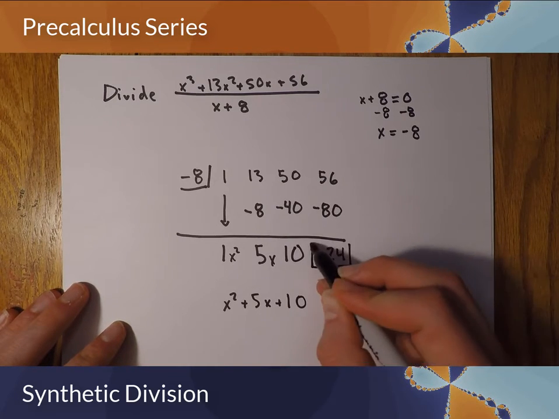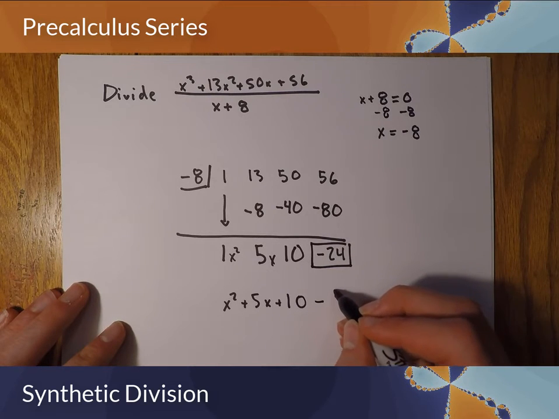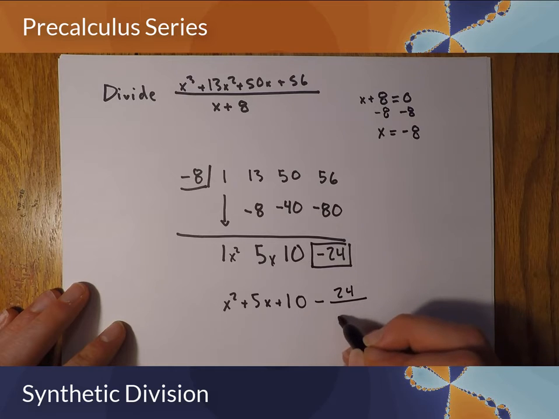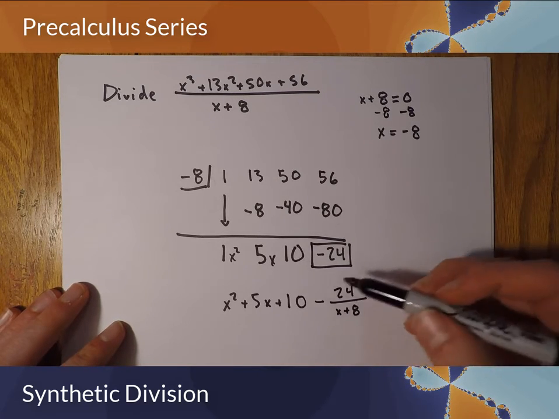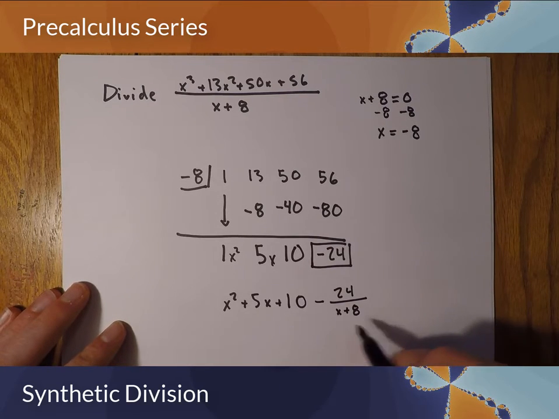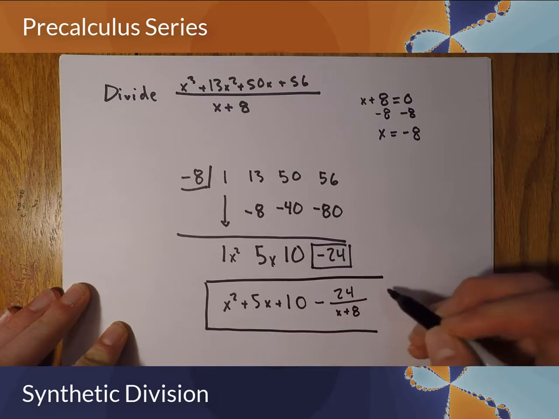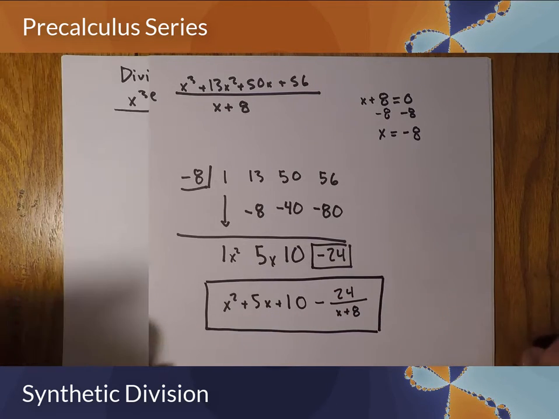With your remainder, you just leave it as -24 over x plus 8, because this is the part that wasn't able to get completely divided. So you express it like that. So here's your solution to your synthetic division problem.